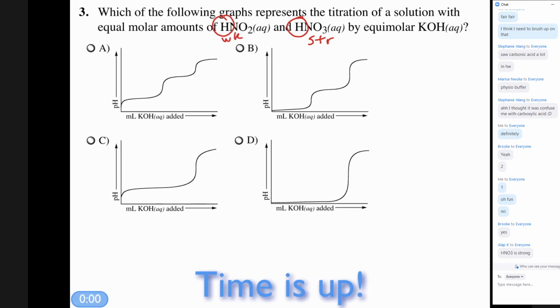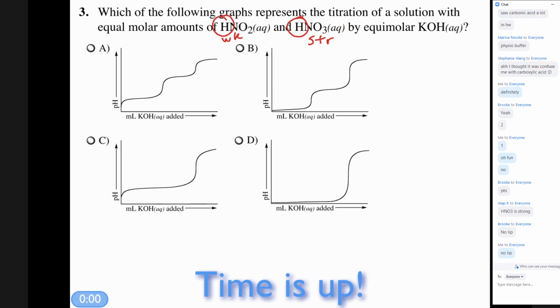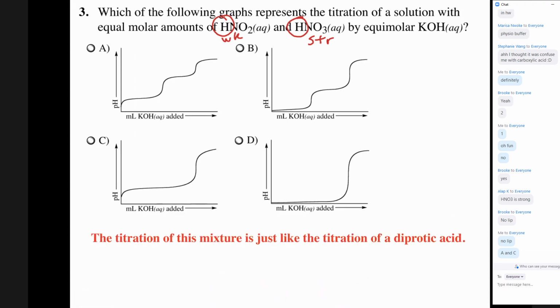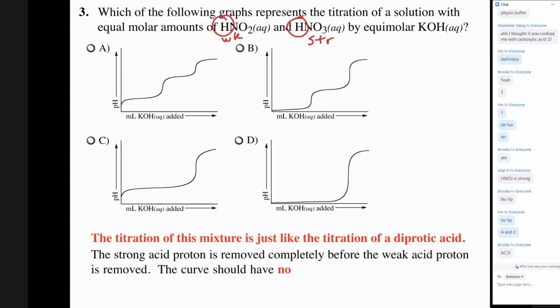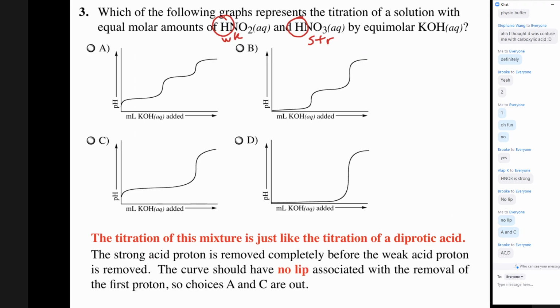So is the first proton going to have a lip or no lip? No lip. So what can I get rid of? A and C are gone. Perfect. So no lip, A and C are out.